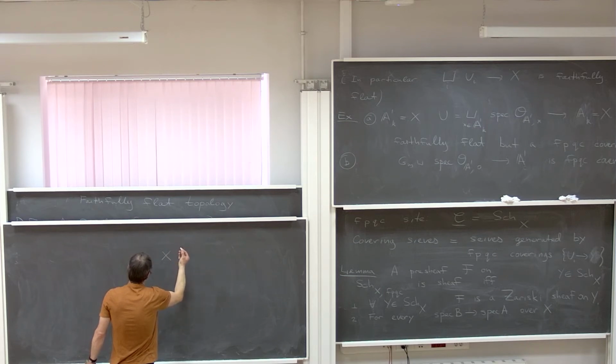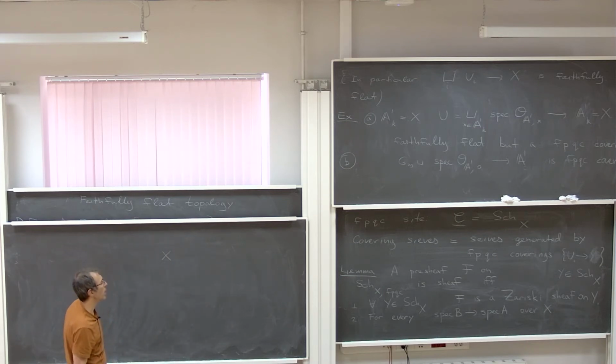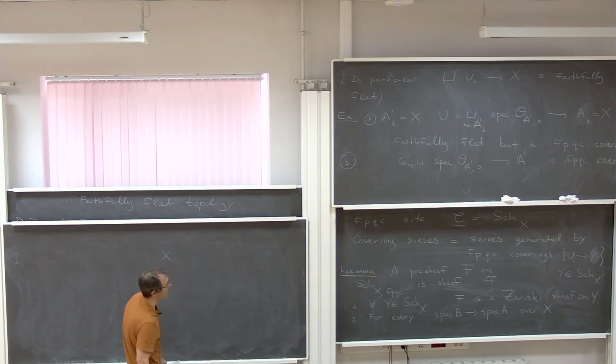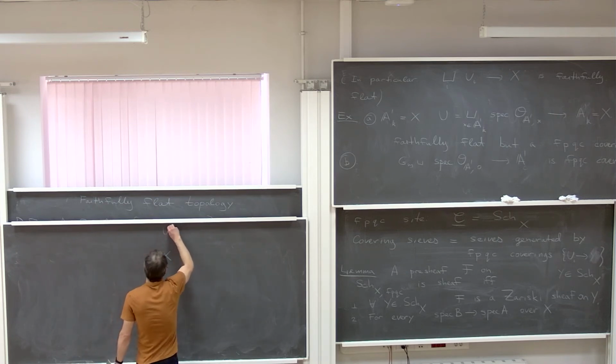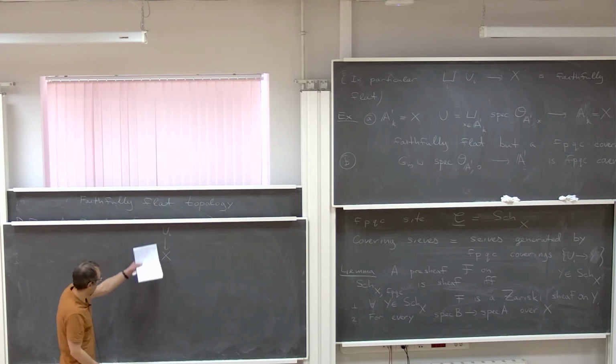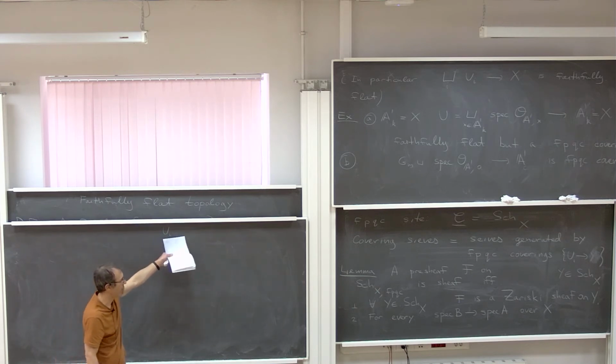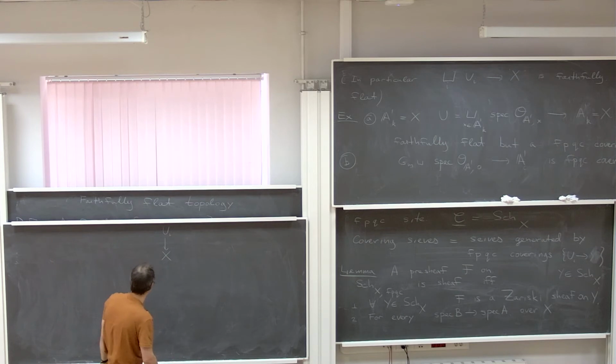So the question is why this is a Grothendieck topology. One of the conditions is the following. Suppose I have a covering sieve generated by some U_i, a family of flat morphisms.